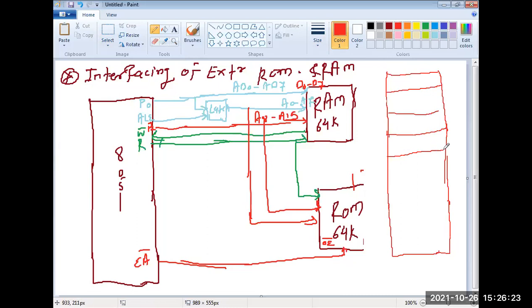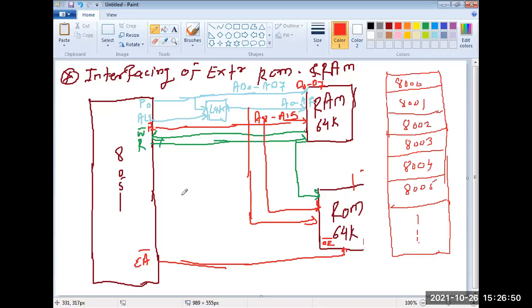Memory means what? A combination of flip-flops. Each flip-flop stores one bit, all these things. So like this, we have blocks inside the memory, which point to the memory address. For example, I can say it is going to be 8000. Next will be 8001, then 8002, then 8003, like that 8004, then 8005.